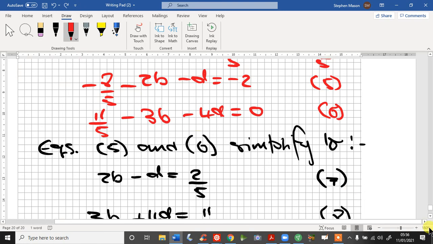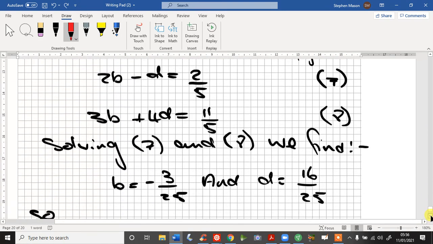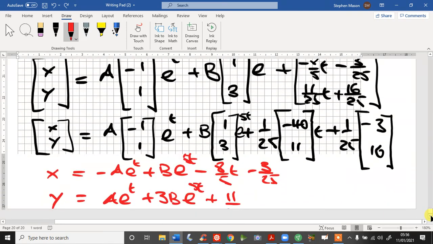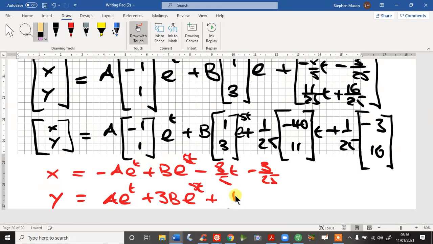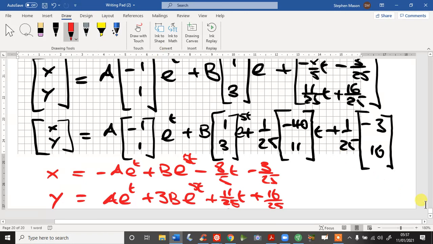Let's just go down. Try and squeeze this on. So 11 over 25 t plus 16 over 25. And there we are. So those are the two solutions for the equation.